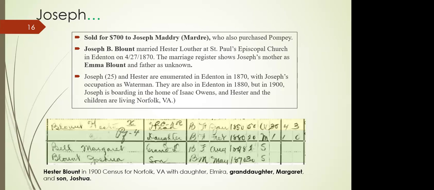So this gave me another direction to go in, to figure out who is this Joshua. Is he really their son? Where was he? Why wasn't he on the 1870 census? And all of that. So as you're going to begin to see, every new record leads to new questions, new research, and then hopefully to new records.